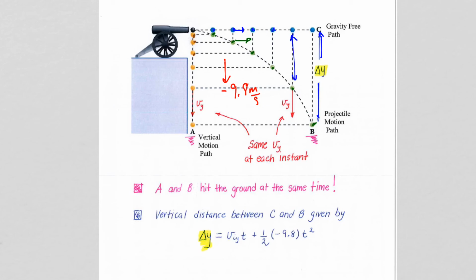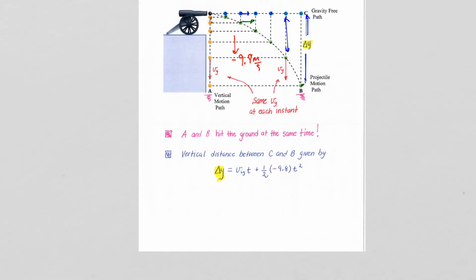Well, it is changing according to our quadratic. Delta y equals v initial in the y direction, which in this case is 0, plus 1/2 a t squared. So it's changing according to the quadratic based on negative 4.9 t squared.